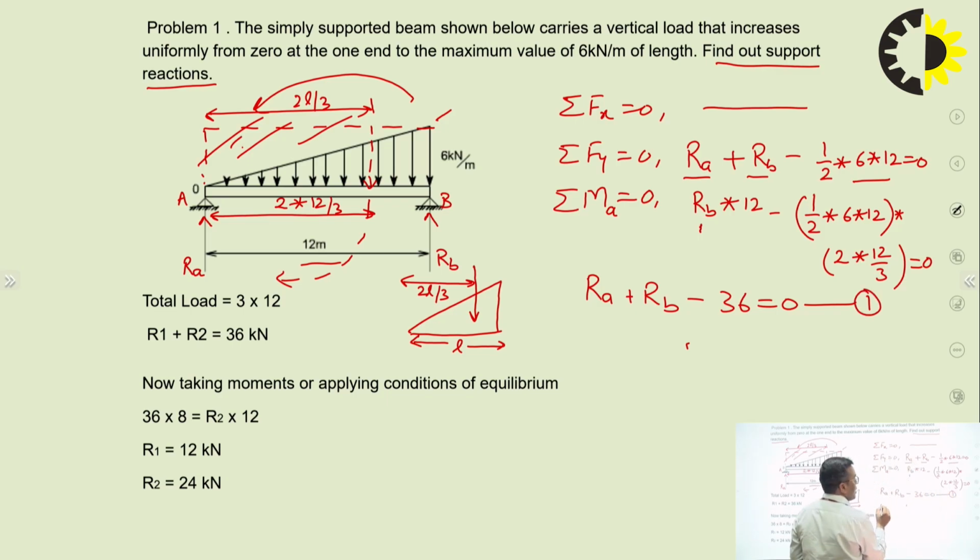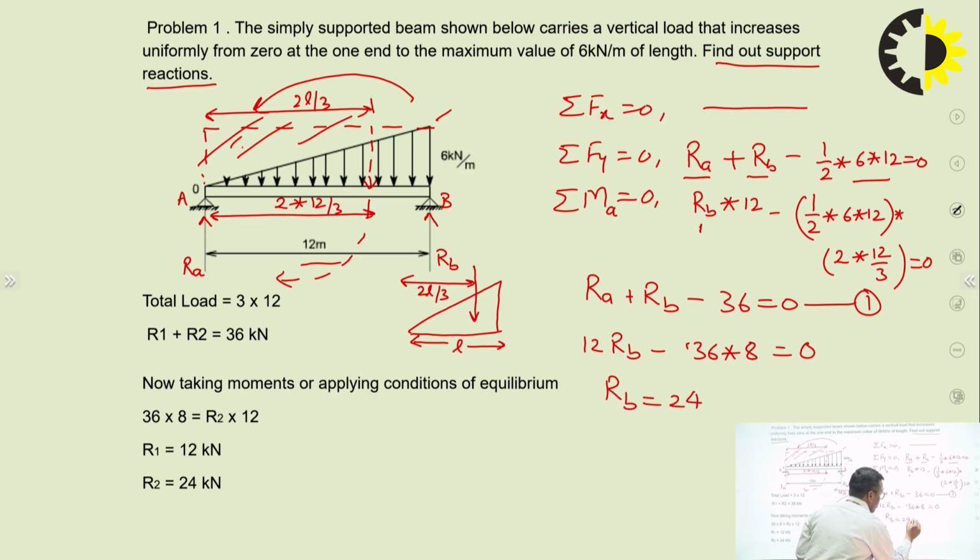And the second equation is 12 RB minus 36 into 8 equal to 0. So RB is coming out to 24 kilonewton, and RA definitely will be equal to 12 kilonewton.